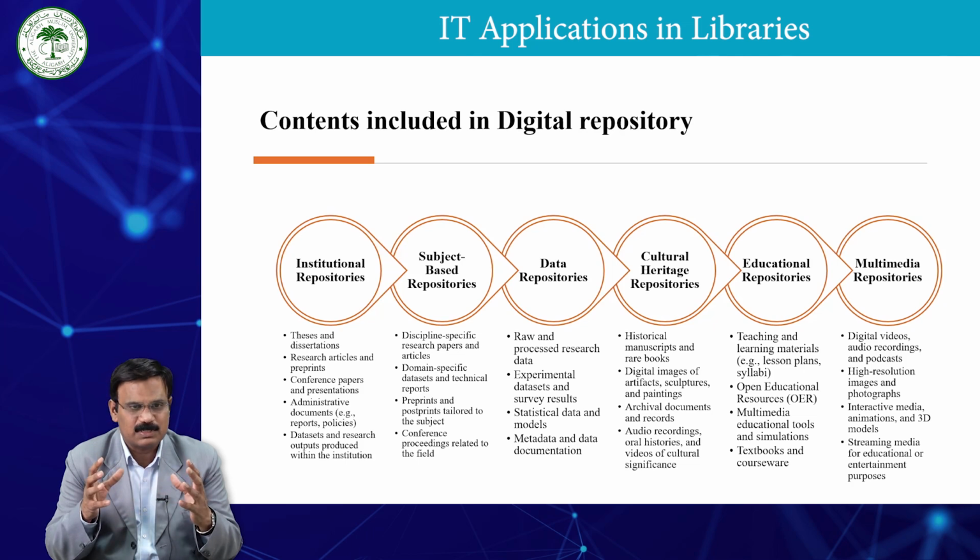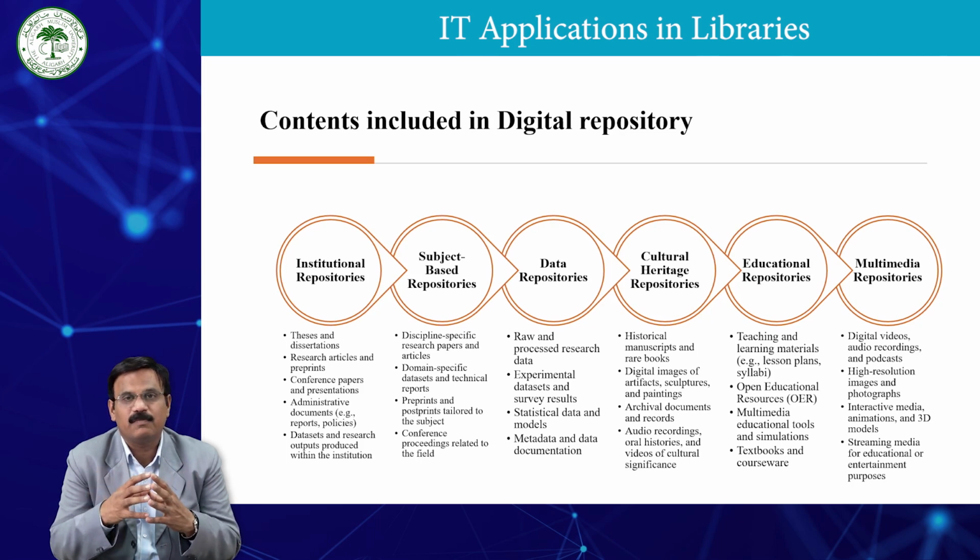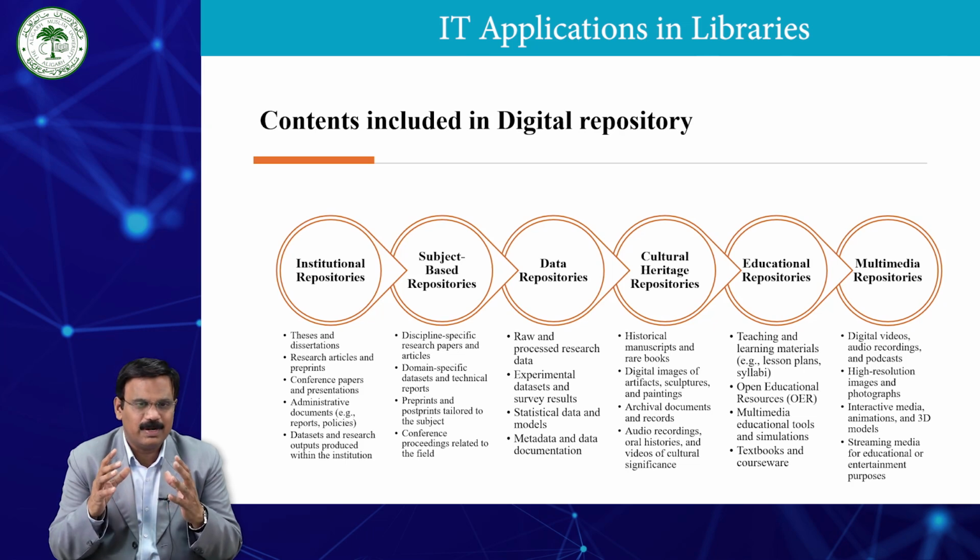In subject-based repositories, you can say discipline-specific, we include research papers and articles related to that particular subject, and different domains, like specific data sets and technical reports, preprints and postprints tailored to the subject of that particular repository. In the data repository, we will have the raw data and the processed research data, the experimental data sets and the survey results, statistical data and models, and metadata and data documentation.